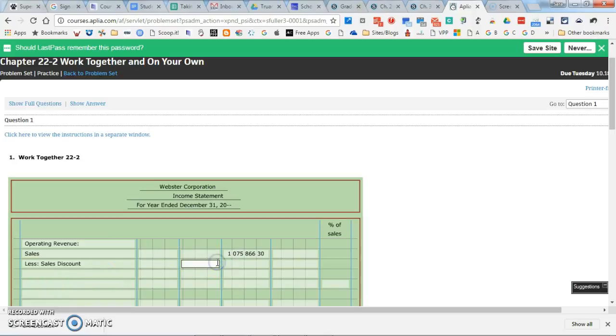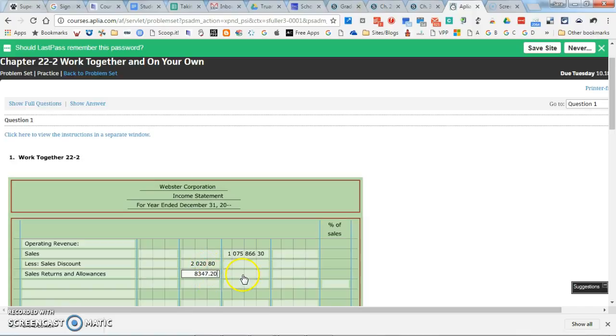And so second column, $2,020.80. Next line is sales, returns, and allowances. And it's going to be that second column again, $8,347.20.